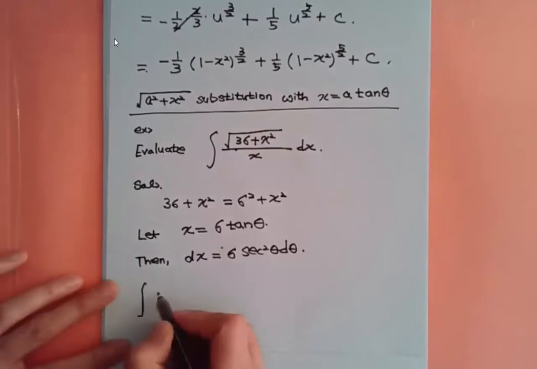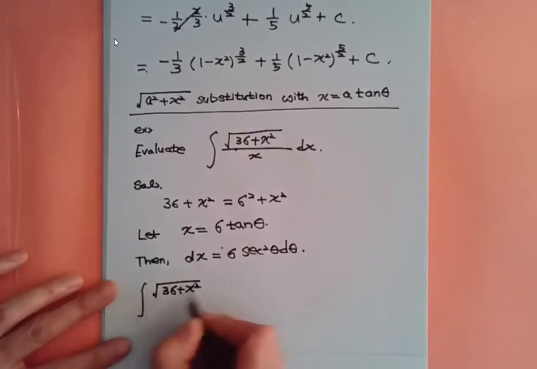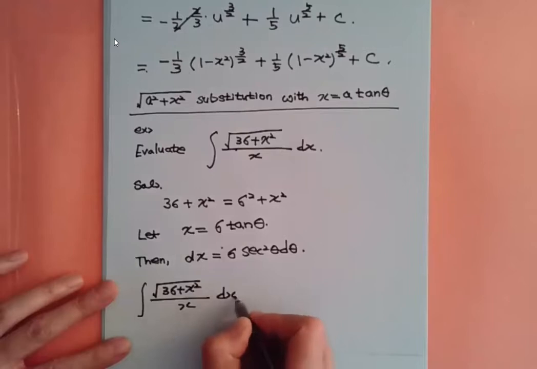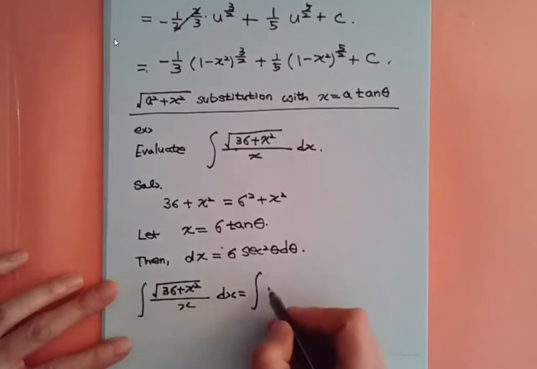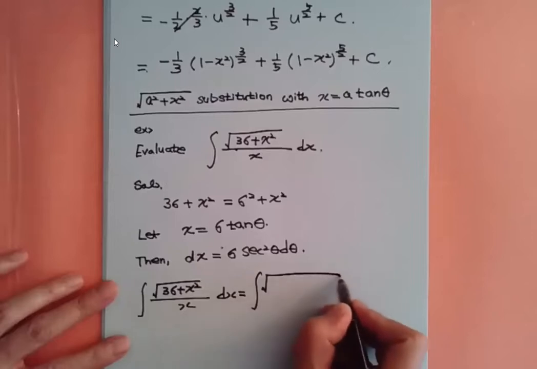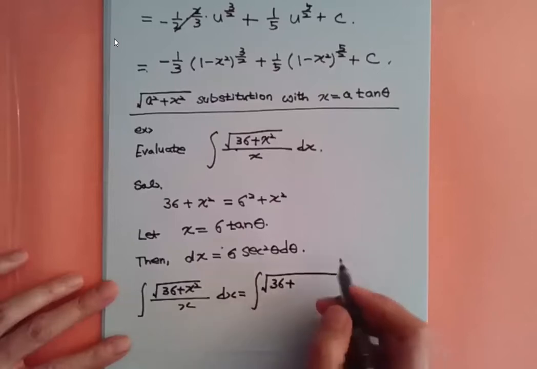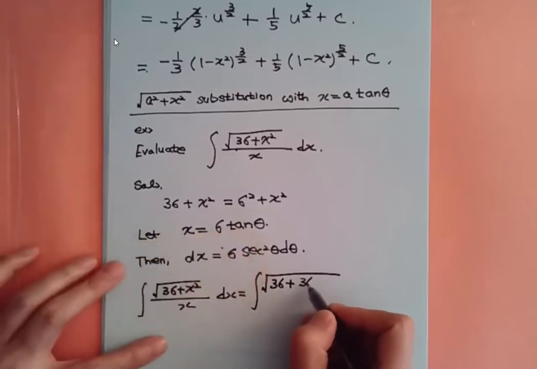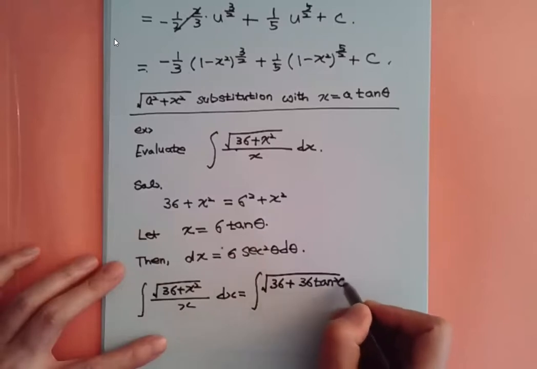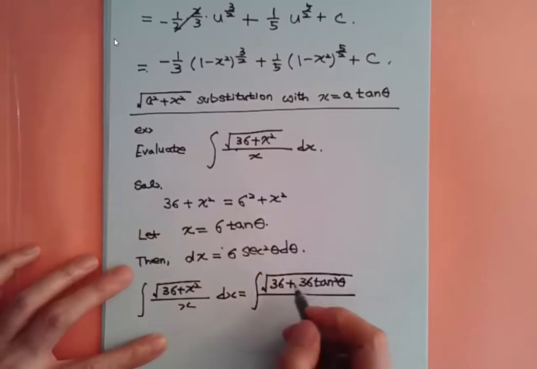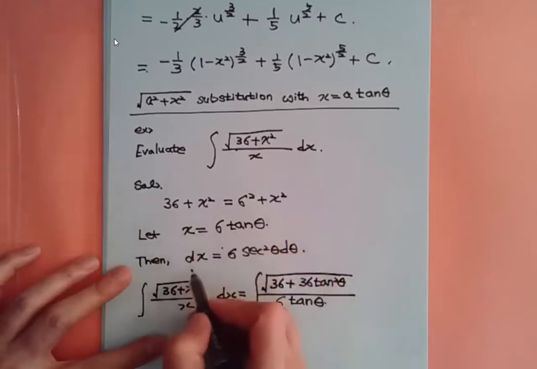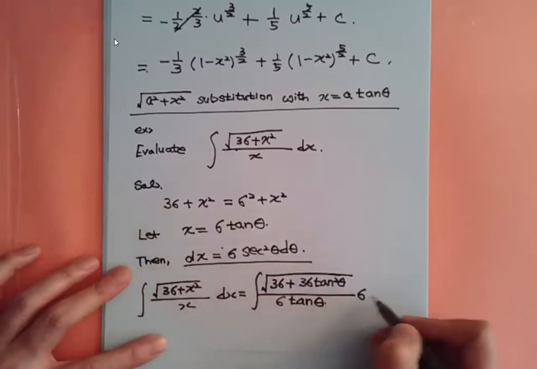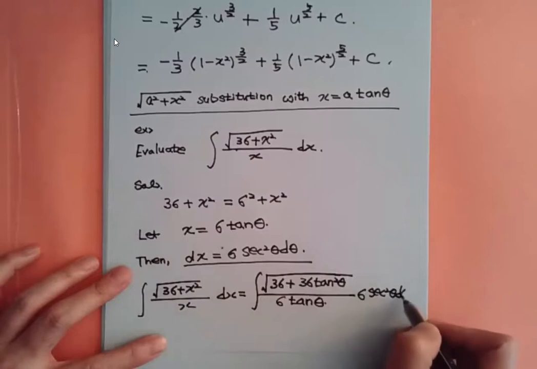Let's go back to the question. Integral of square root of 36 plus x squared over x dx equals the integral of square root of 36 plus, what is that? x was 6 tangent theta, so 36 tangent squared of theta. So x is 6 tangent of theta, and dx is 6 secant squared of theta d theta.